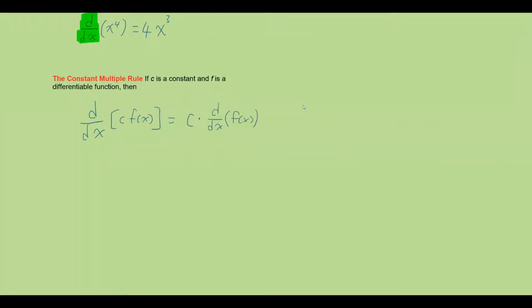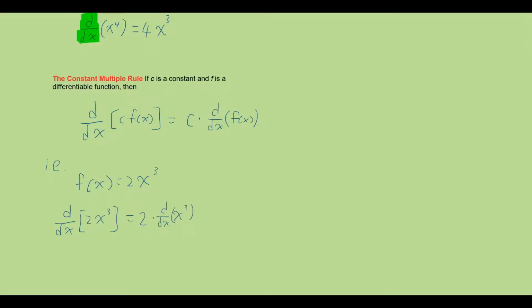Okay, so let me give you an example of what I'm talking about here. Let's say I have a function that is 2x to the third power. To find the derivative of 2x cubed, this is the same thing as doing 2 times the derivative of x cubed.